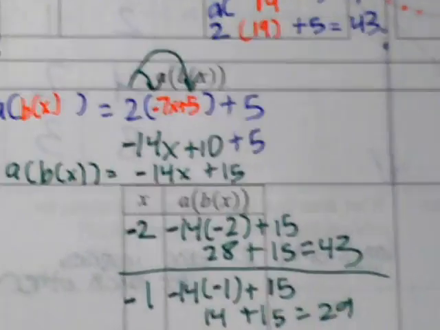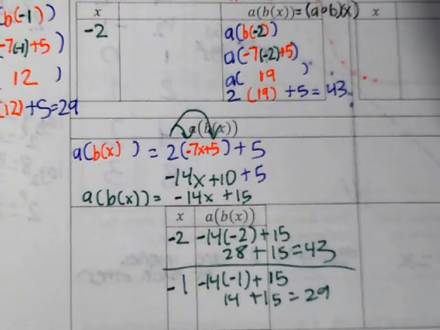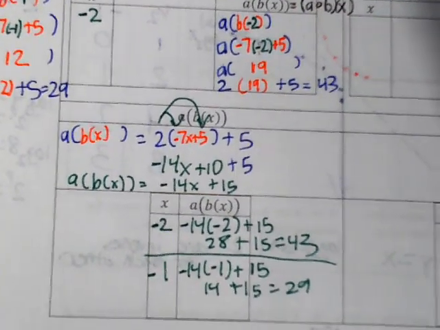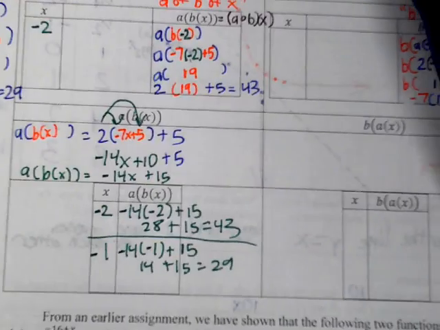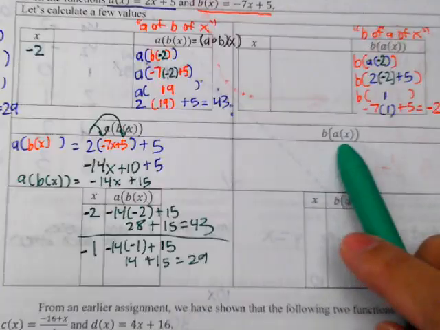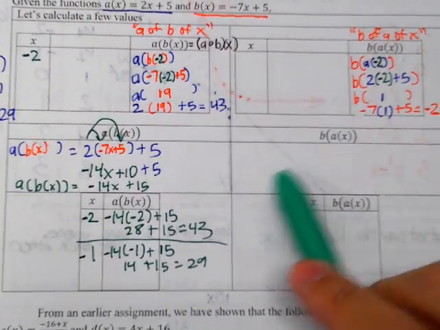Okay, so I'd like you to try finding the composition b of a of x. Same idea that we did over here, but the order is different. B is on the outside, a is on the inside. So go ahead and try this out for a minute, please.